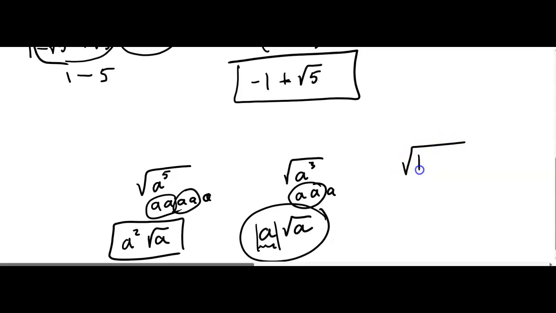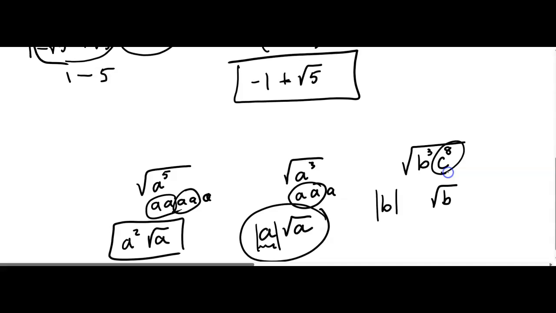Let's say you have the square root of b cubed c to the 8th. Oops, 8th. Okay, so, well, b cubed, that's not very exciting. Okay, you get a b on the outside, but you only get 1 b. So that's going to have an absolute value. You're going to have a b left over on the inside.